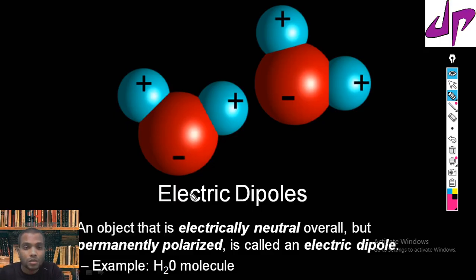This is because the water molecule is an electric dipole. Dipole means you should have two oppositely charged charges. If you can see here, the water molecule is attracted towards the charged balloon.